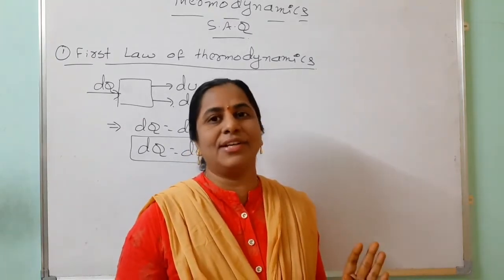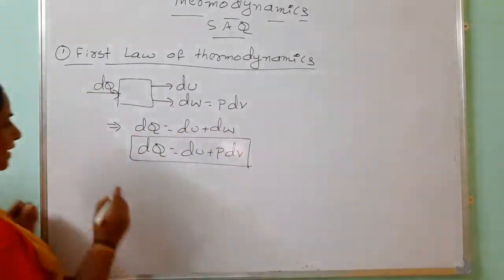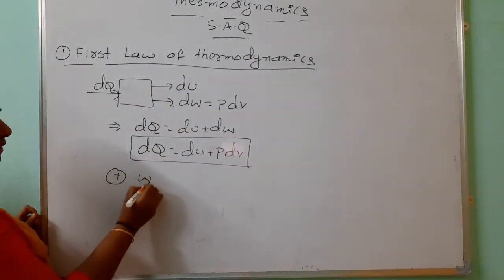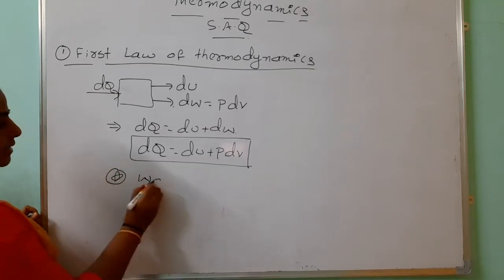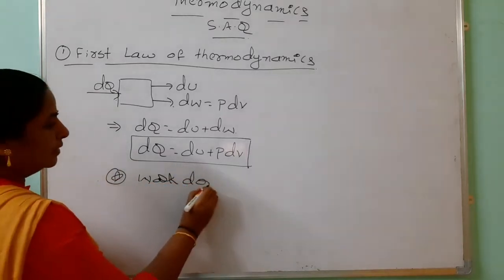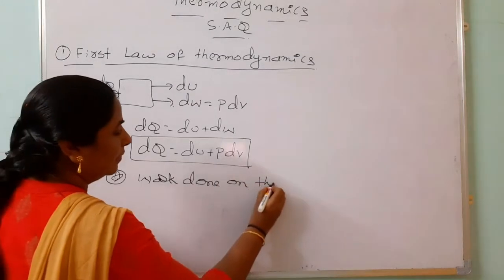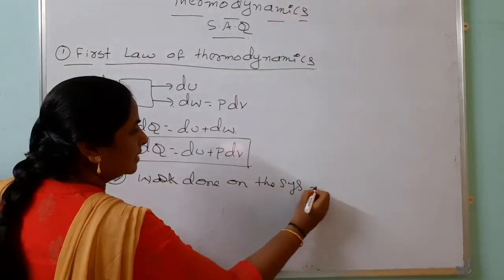But here the sign convention is also very important. What is that? See, work done on the system is negative.